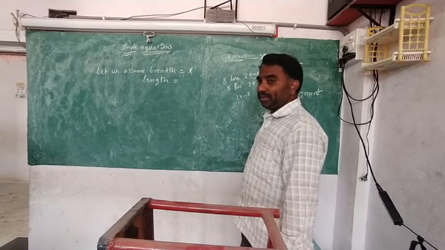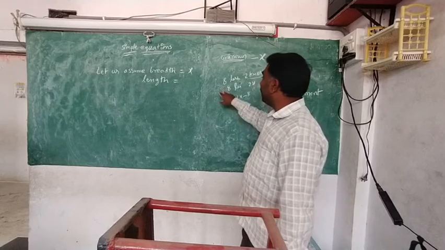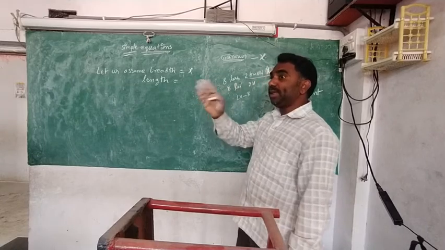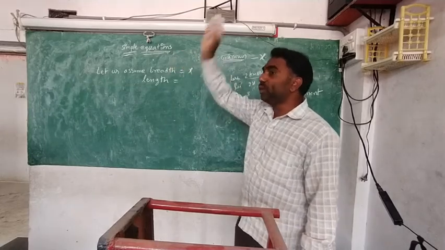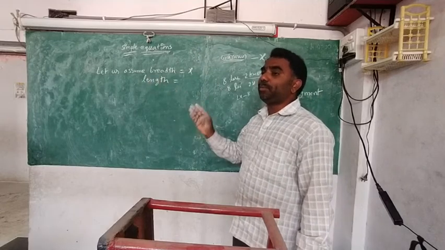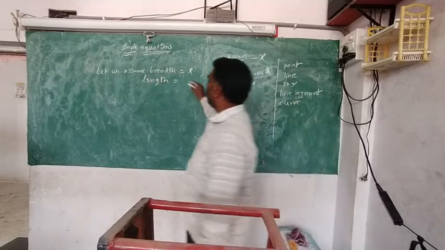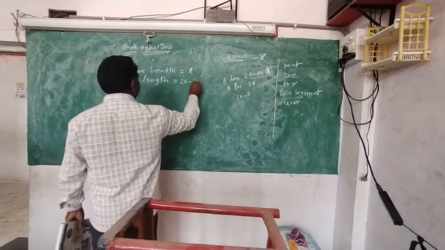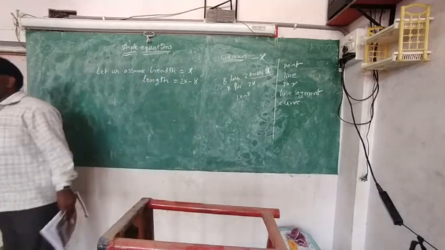So that's why you get 2x minus 8. Don't confuse here.